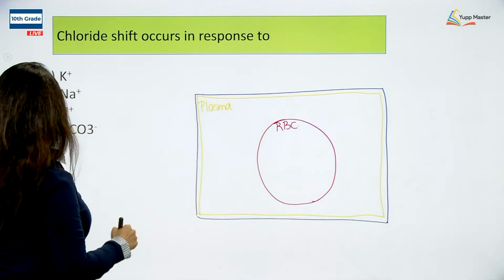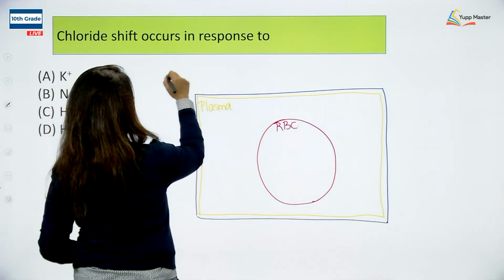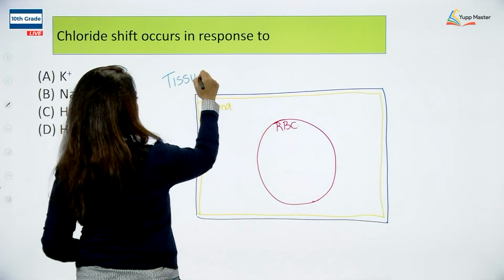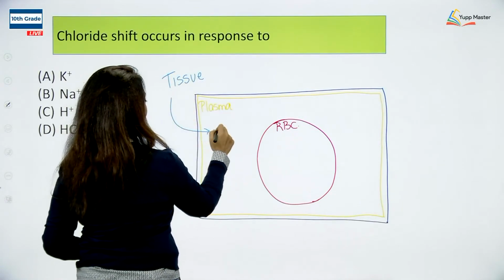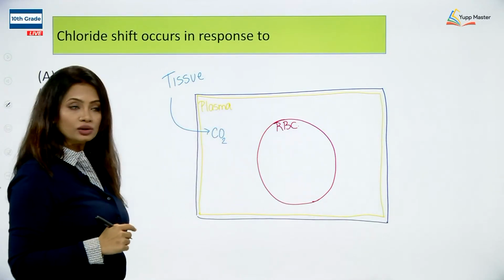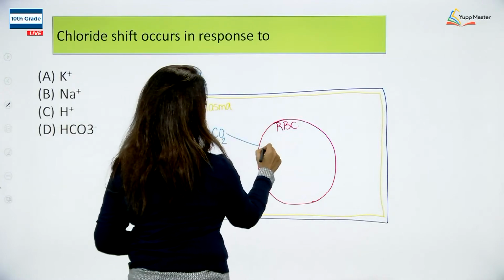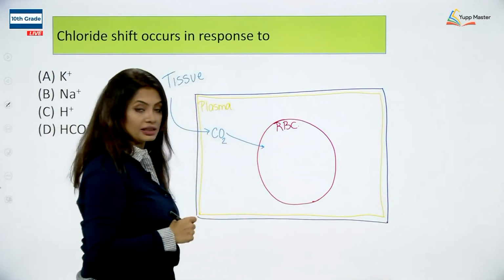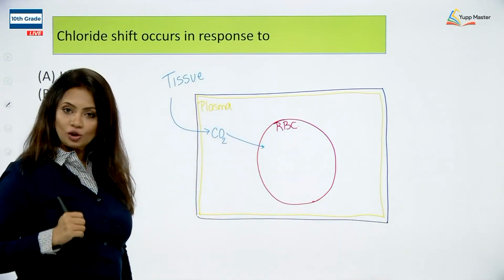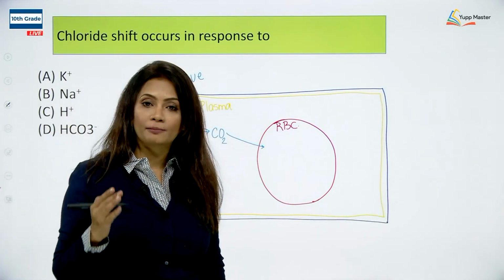Now what are we going to talk about here? We are talking about carbon dioxide from the tissue being taken into the blood. Correct? Once it enters into the blood, it is then going to enter into the RBC. RBC is a cell with cytoplasm, and cytoplasm is maximally made up of water.